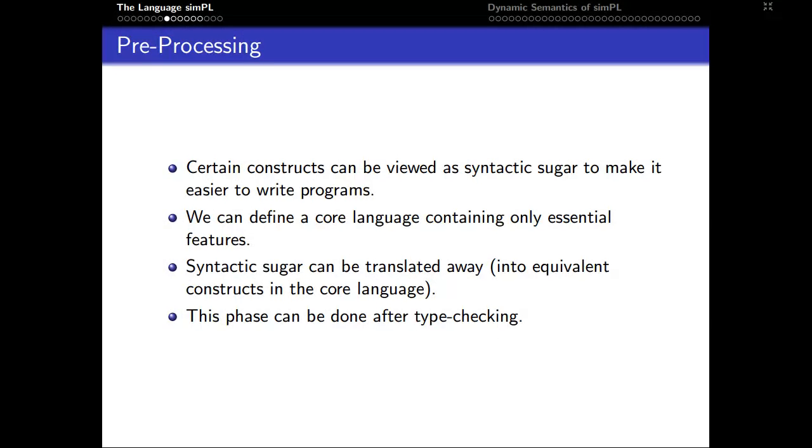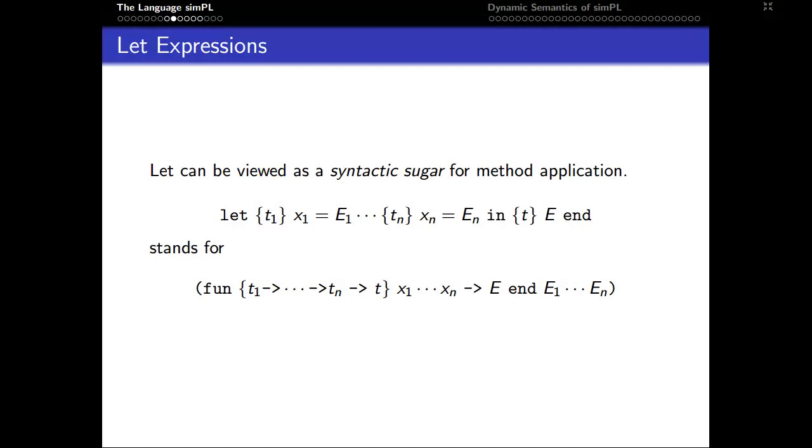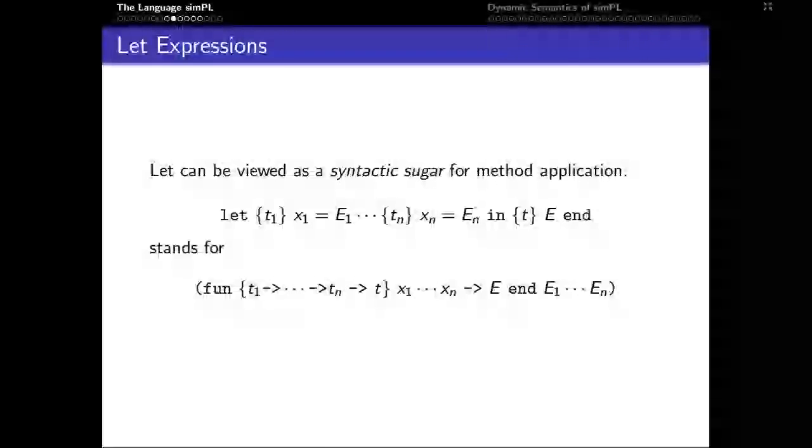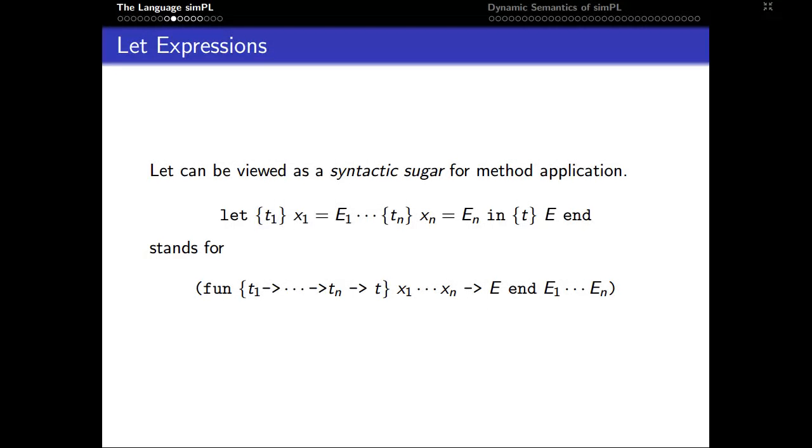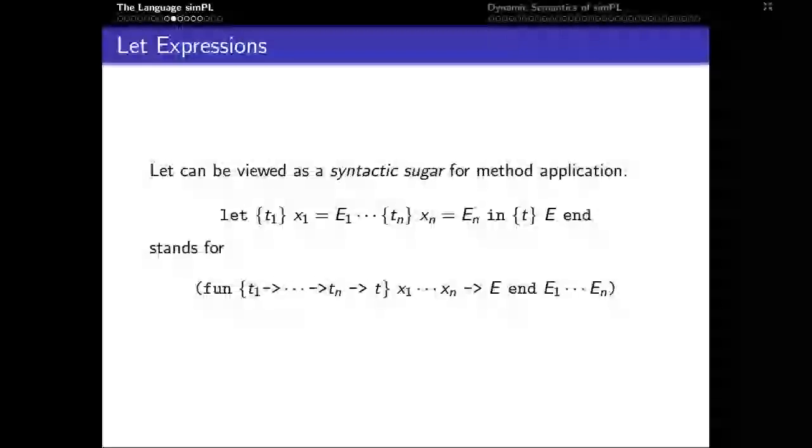All right, and there are many very familiar constructs that may be surprising to you that will be defined as syntactic sugar. And the most common one for functional languages is the let. We're defining names for expressions, which make programs in general more readable.